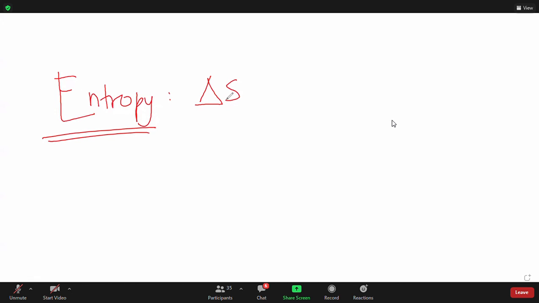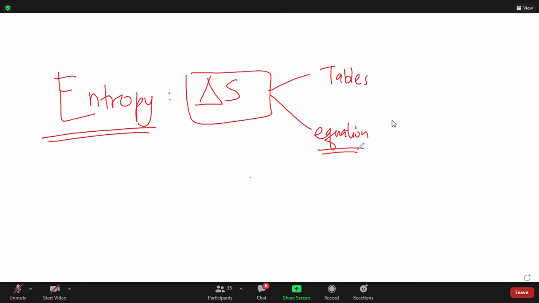So delta S, the change in entropy, there will be for sure. You must know how to find delta S. How do you find delta S? You can go to the tables or you can use an equation. The equation is for what? If you have an ideal gas, then you will need to use the equation, right?